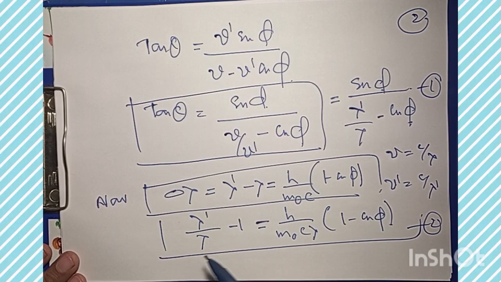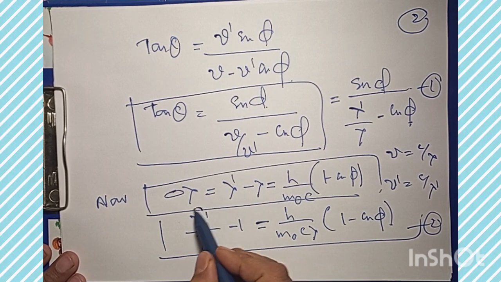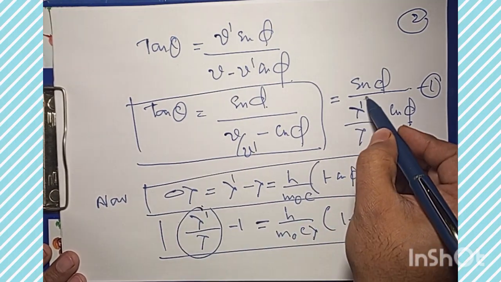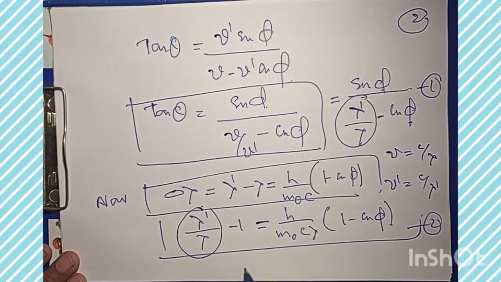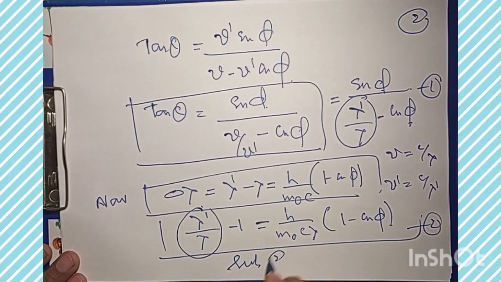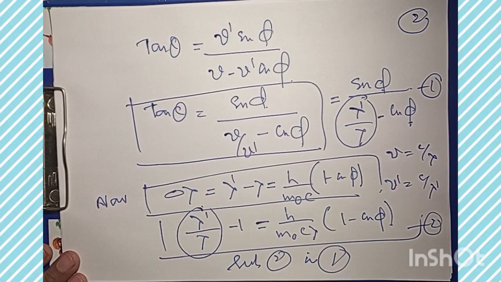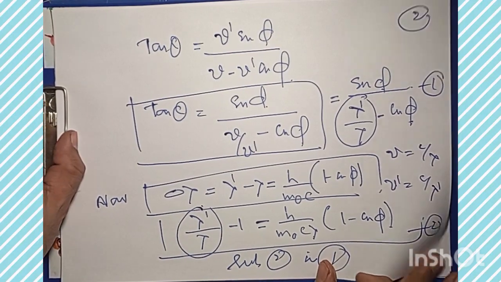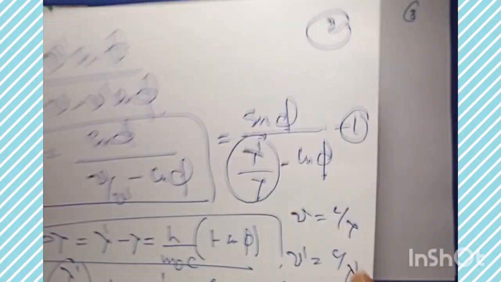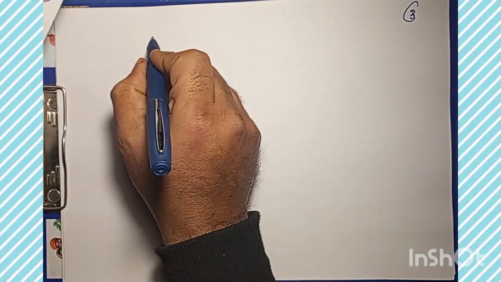So we will have this lambda dash by lambda, and you can see this lambda dash by lambda can be substituted in this equation. So substituting second in 1, what we are going to get is tan theta. This is my equation 3.